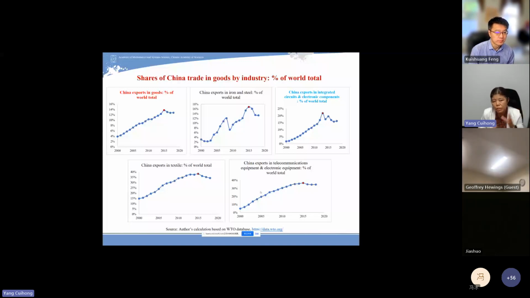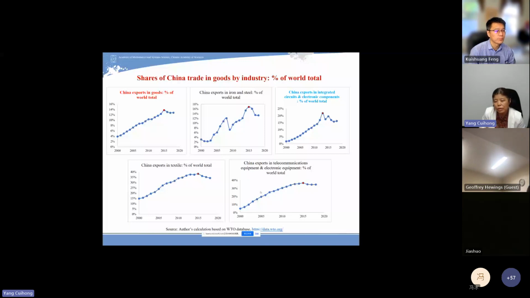The top on the left is the total trade in goods of China in terms of the shares of world total. We could see that from the year 2015, it shows a downward trend in terms of the Chinese share of world total.